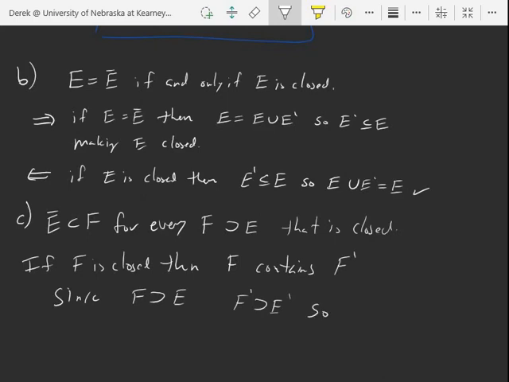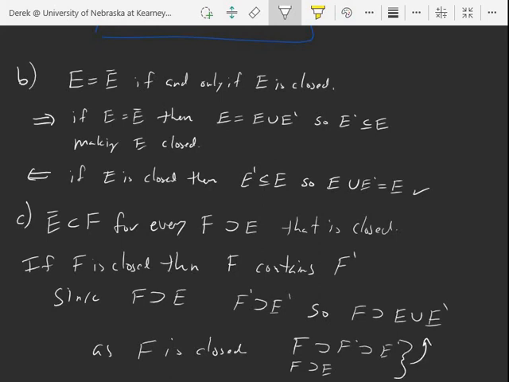So F contains E union E prime as F is closed. We sort of get this final inequality: F contains F prime contains E prime, and F contains E. These things together show me that. Okay.